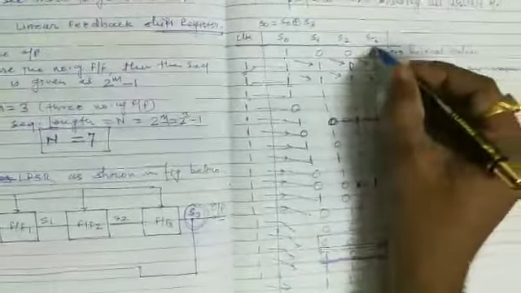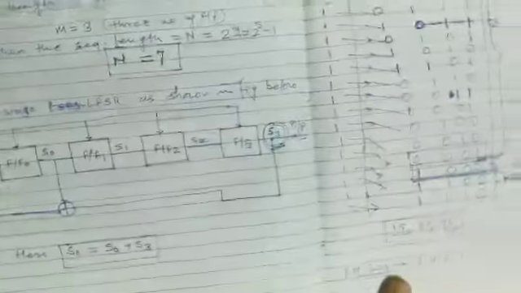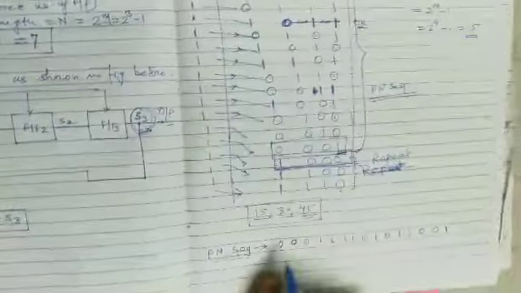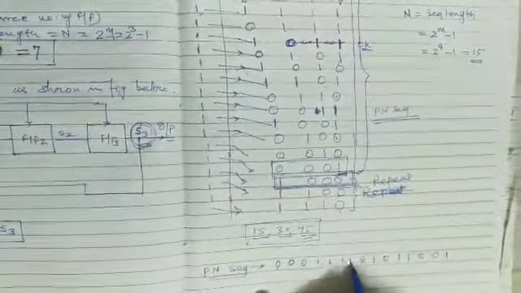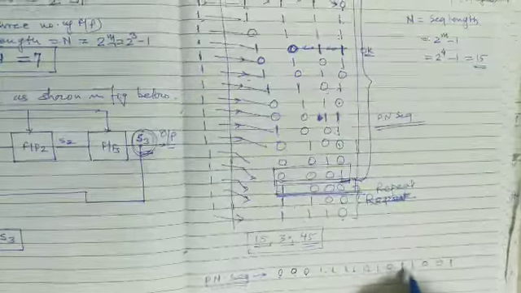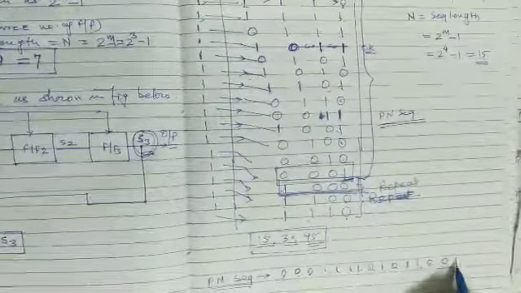And then we prepared a table consisting of all the sequences for the consecutive clock cycles, and we marked the PN sequence, which is nothing but the output available at S3. The PN sequence that we obtained was 0 0 0 1 1 1 1 0 1 0 1 1 0 0 1.